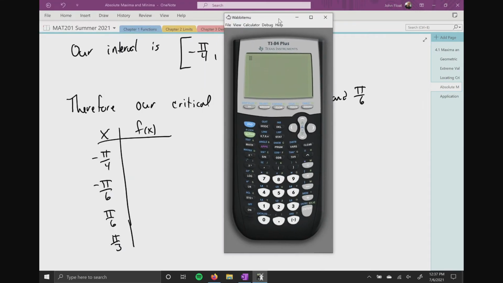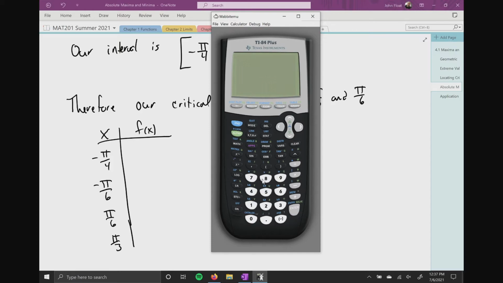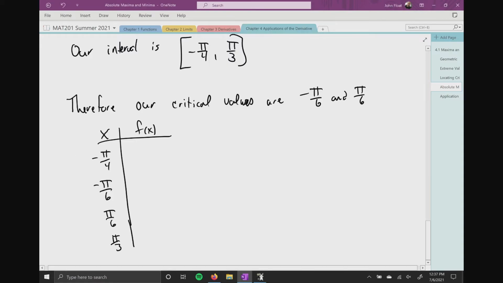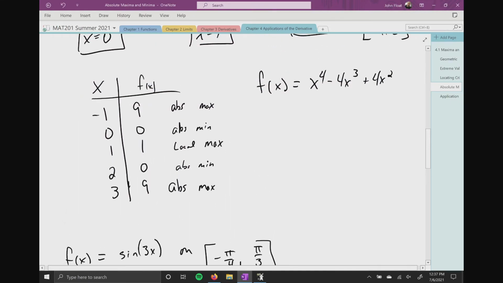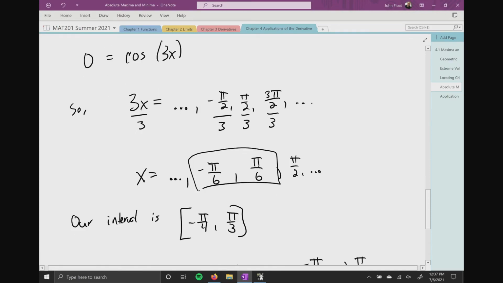So here's our calculator. I'm going to type in negative pi over 4, and I'm going to store that in for x. And then I'm going to type in our function. So remember the original function, let me scroll up here, was sine 3x.